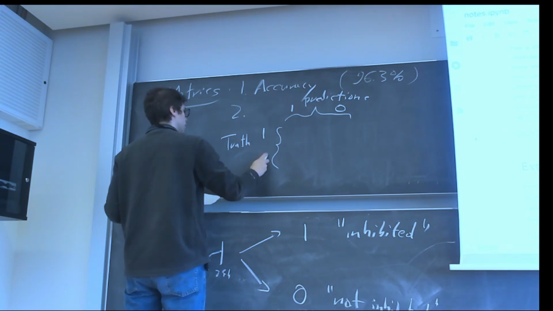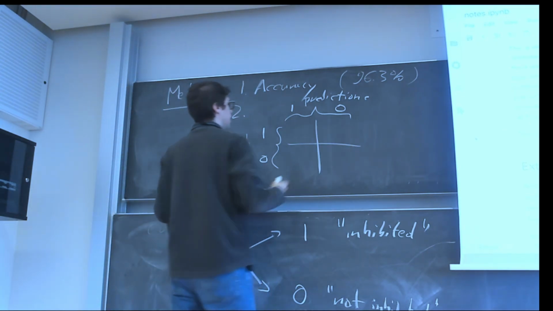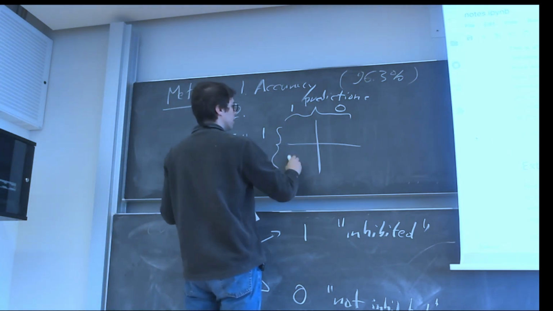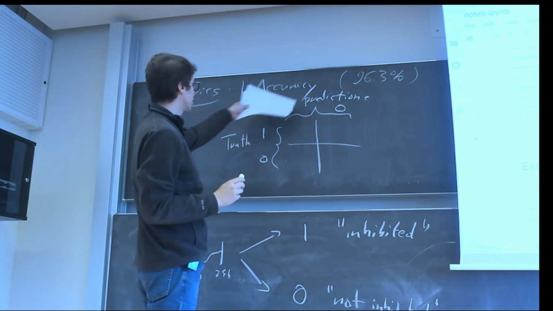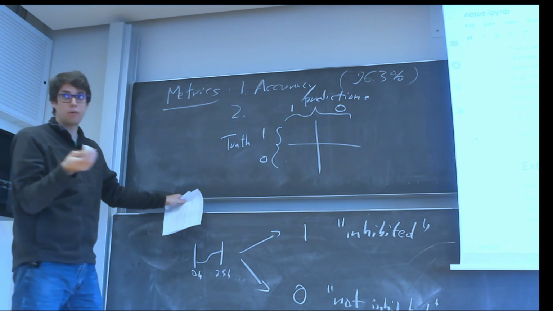The truth can either be 1 or 0. Then here we can fill in how many of our data set falls into this intersection of predictions versus truth.